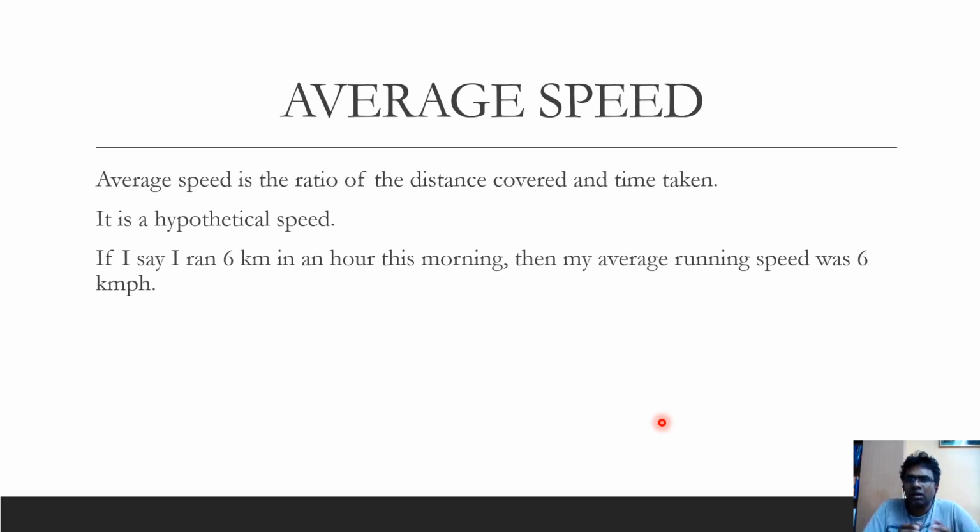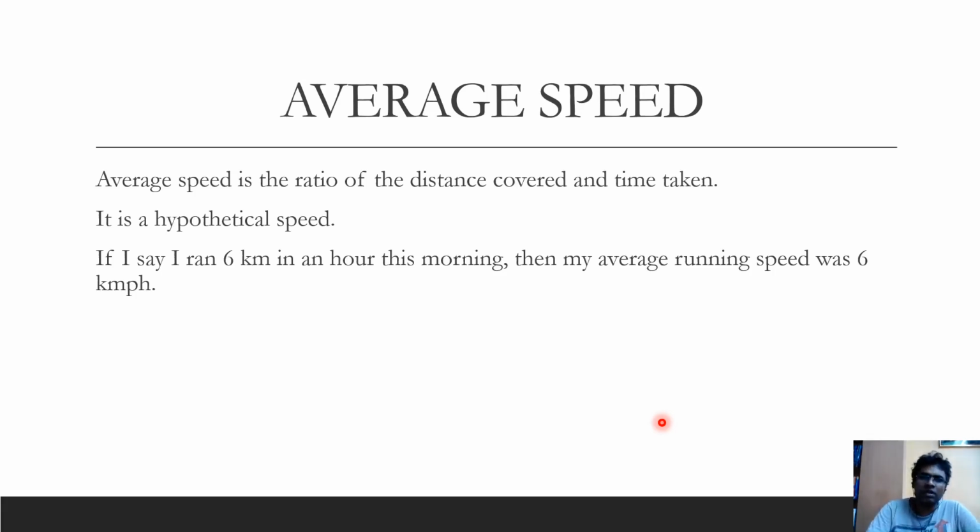Okay. Now, this does not really tell us how fast I was really running at a particular moment in time. It just tells us that I took 1 hour to run that 6 kilometers, so my average speed was 6 kilometers per hour. So it can lead to a lot of interpretations.